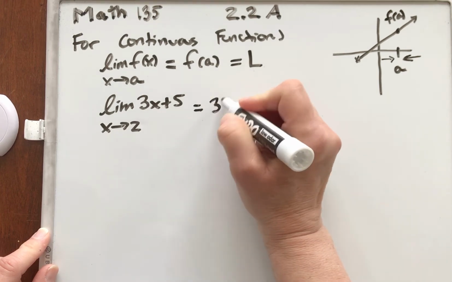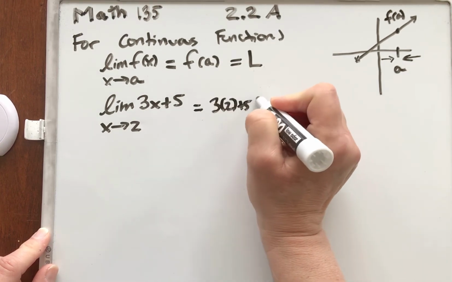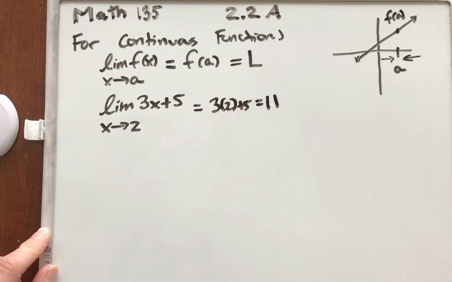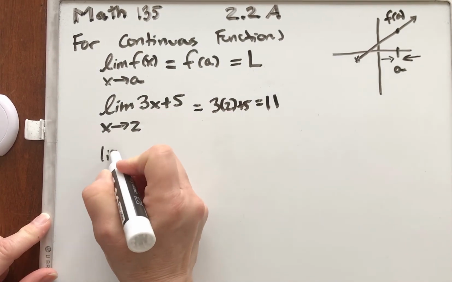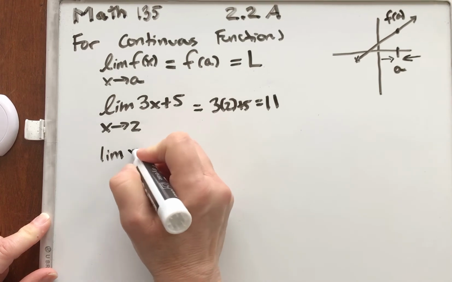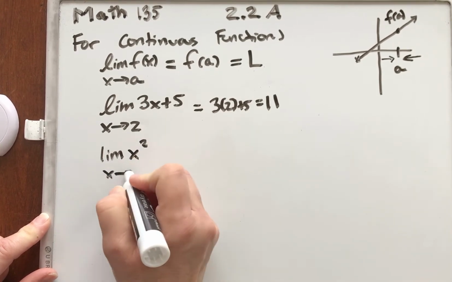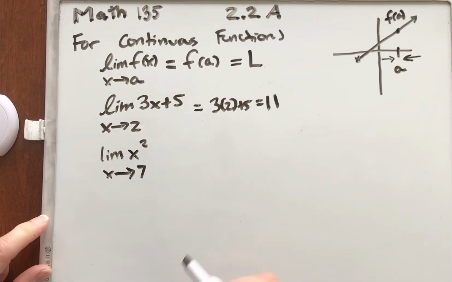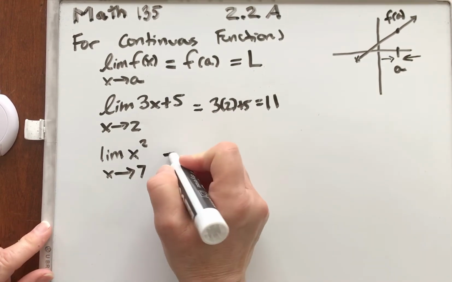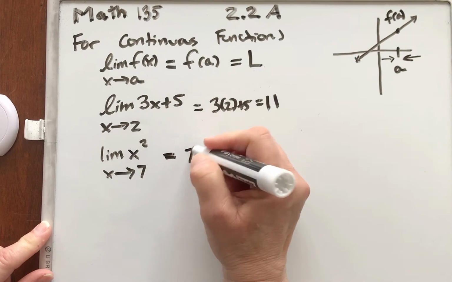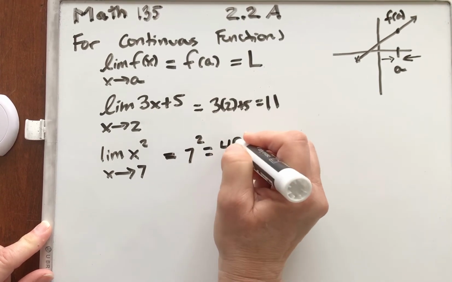So we have 3 times 2 plus 5, which is 11. So that would be our limit. Let's look at another example. The limit of x squared as x approaches 7. Here we have a parabola. A parabola is continuous, so we can evaluate and go ahead and put it right in, and it's 49.